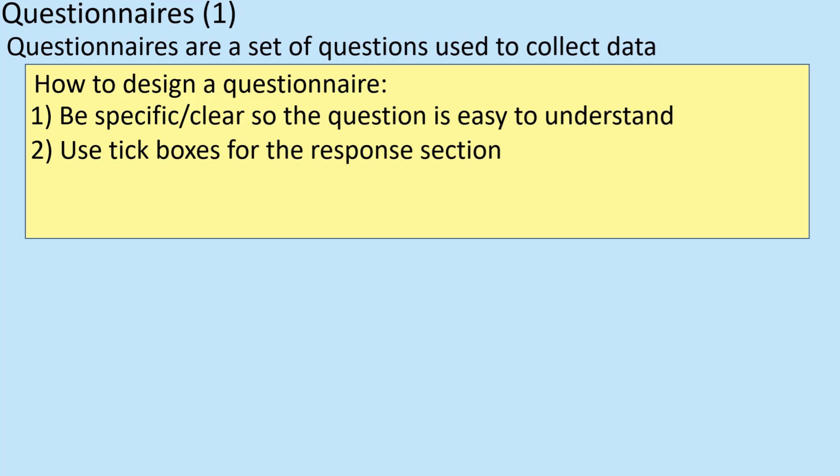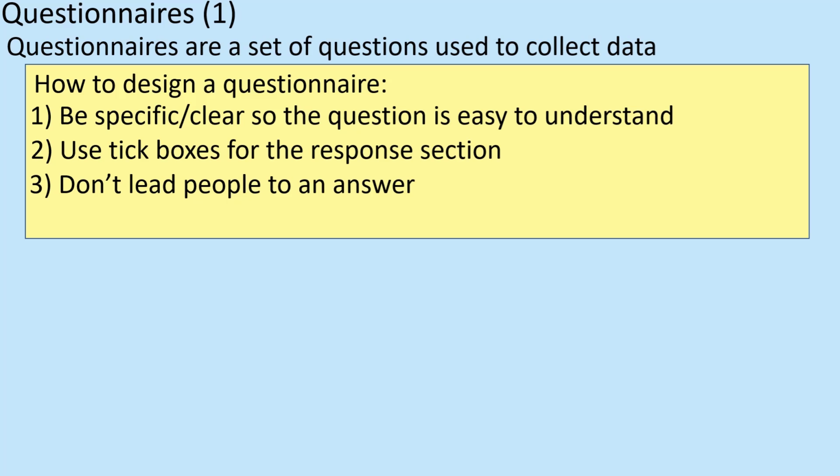The other part of it is: don't lead people into an answer. If you're providing tick boxes, you might limit what those boxes are and lead people into giving certain specific answers. For example: out of the following choices, which is your favourite food? You might say curry, Chinese, or pizza.